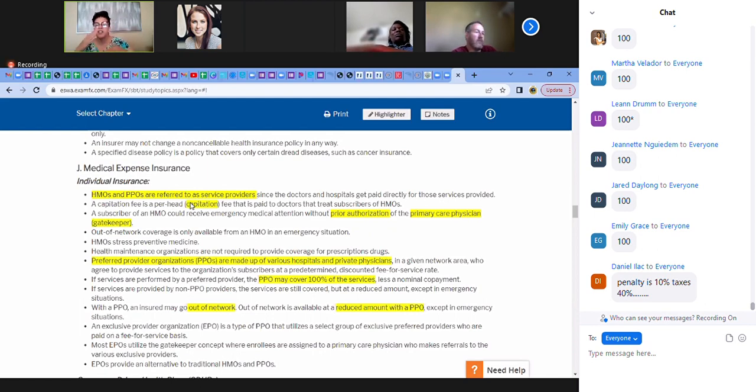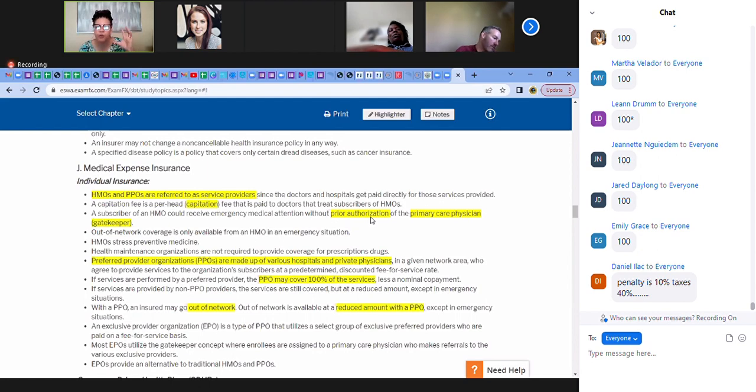So every patient you see in there, the primary care doctor gets paid, and they're going to see that patient as many times as that patient comes in, and they're not going to get extra. They give them a fee for seeing that patient as many times as they need to be seen. They're going to make sure that primary care doctor gets prior authorization from the insurance company before they allow the patient to go do testing, to go see other doctors, or do anything.